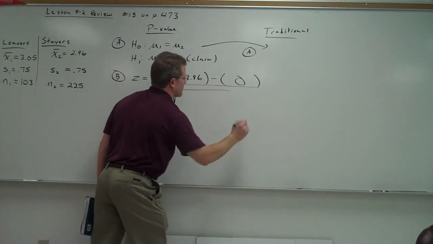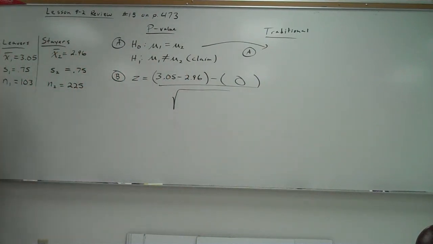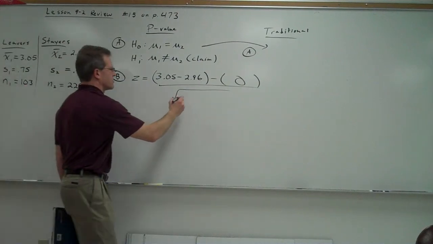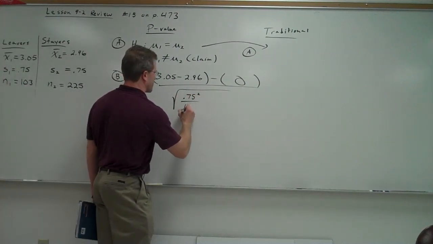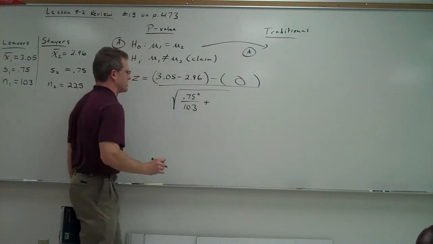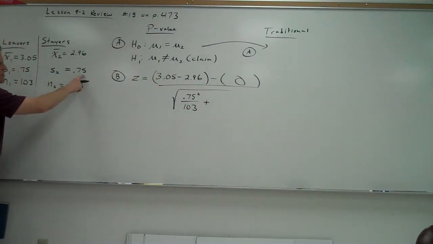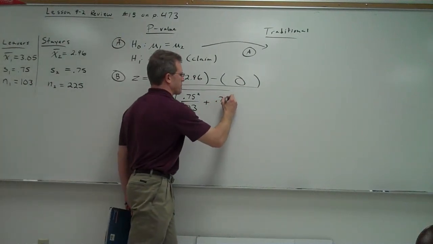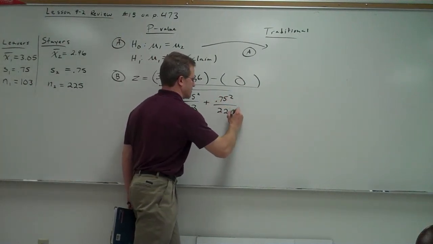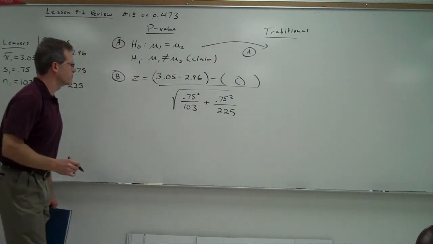On the bottom, you have the square root of standard deviation 1 squared over n, is that right? Okay. So 0.75 squared divided by 103 plus standard deviation 2, 0.75 again squared divided by n sub 2, 225. This is our test value.